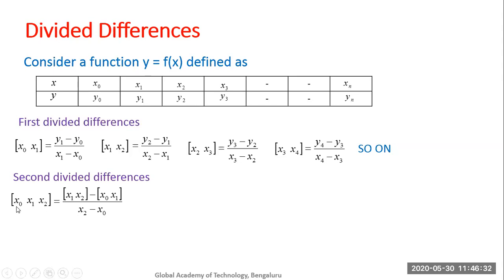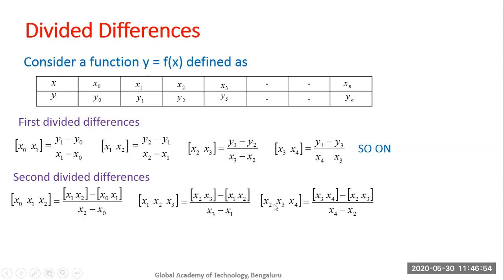Similarly, x1, x2, x3 is defined as: take the difference of these two first divided differences, x2, x3 minus x1, x2. Then it is divided by the difference of x3 and x1, x3 minus x1. Similarly, x3, x4 minus x2, x3 divided by the difference of x4 and x2, x4 minus x2. So these are all called second divided differences.